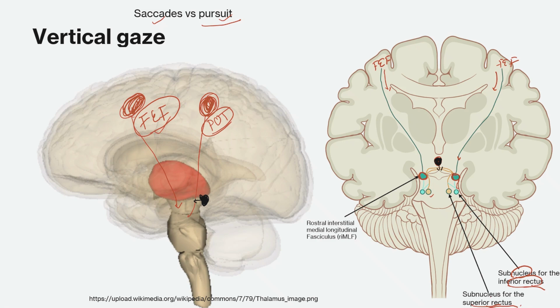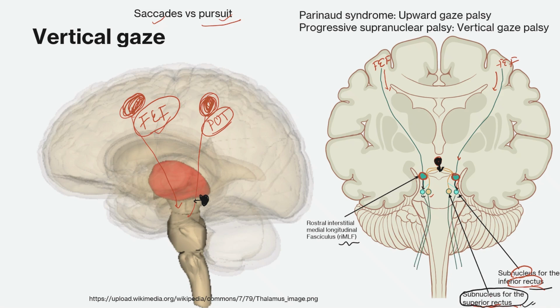So it compresses the posterior commissure, sparing the RIMLF and the different subnuclei. As a result of this, we will have the weakness or the impairment of only the supply to the superior rectus muscle, not the inferior rectus muscle, because even if there is a compression over here, the inferior recti are going to receive the input from the ipsilateral side from the RIMLF.